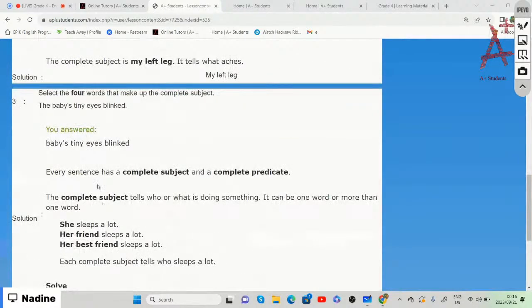And now we need to select four words that make up a complete subject. The baby's tiny eyes blinked. Can you identify the four words that make up the complete subject?